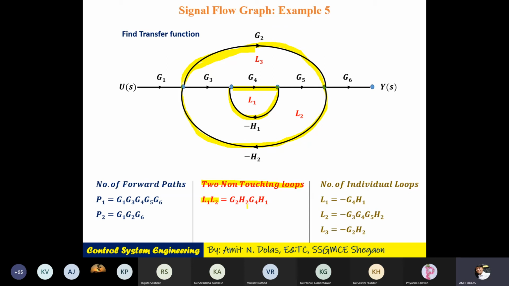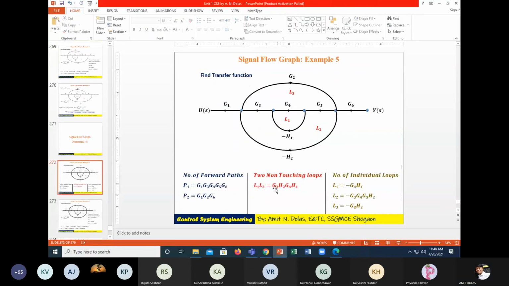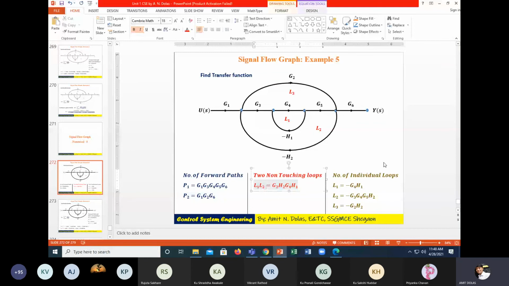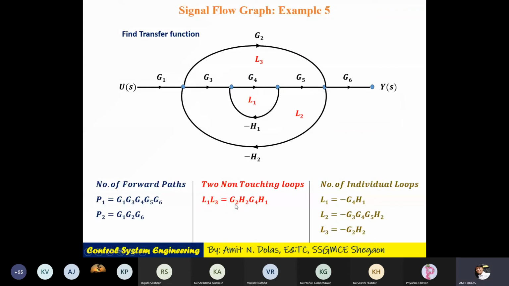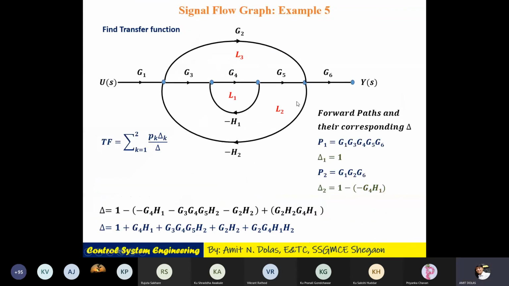It should be L1 and L3, because it is G2 H2 and G4 H1. So I'll make it correct now. L1 and L3. I used to copy and paste the earlier format, so it was L1 and L2 there. So it is L1 and L3, whose equation is G2H2 and G4H1.